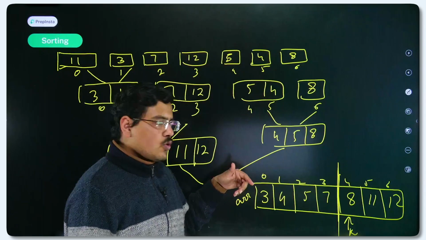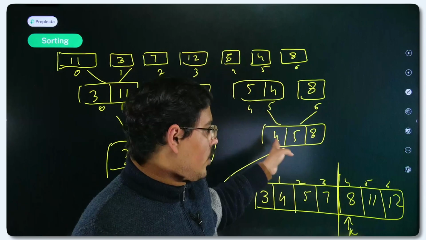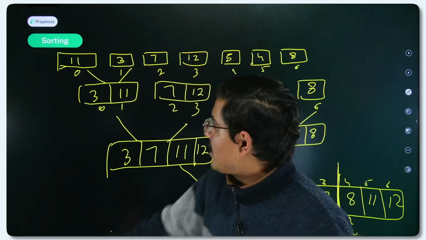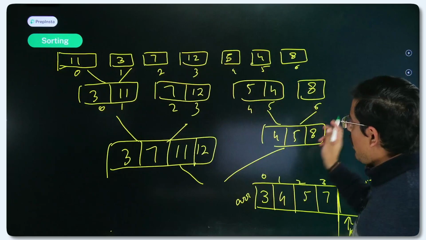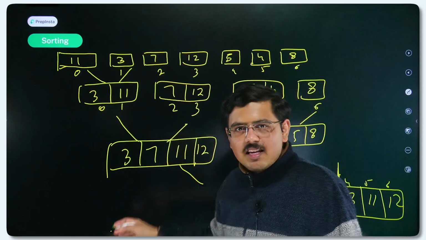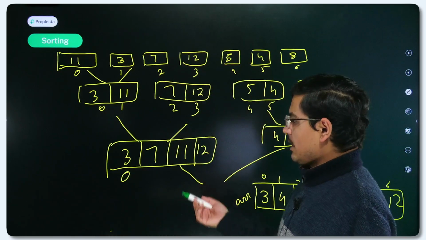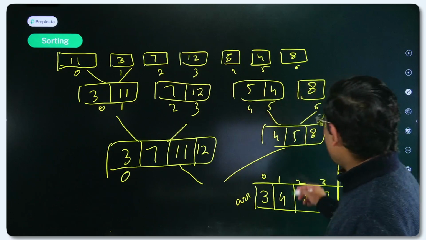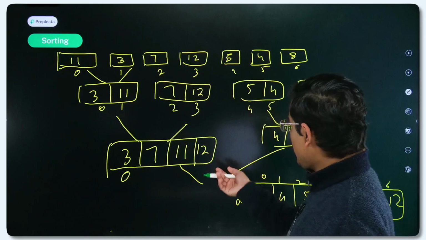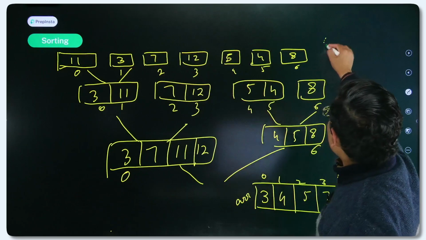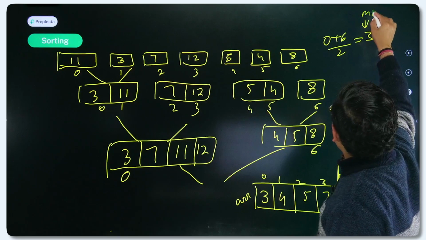Fine. So all you need to do is do a dry run of it, and once you do the dry run, you will understand how the merge function is working. Why didn't I merge the last one? This is the easiest merge to do because 0 would be the index that can be said as left, and 6 would be the right index, and for merging, 0 plus 6 by 2 is 3, this would be the mid value.